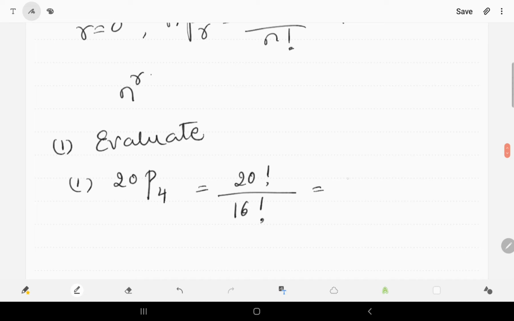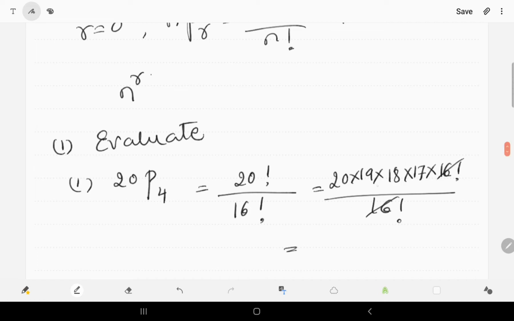So that is 20 into 19 into 18 into 17 into 16 factorial divided by 16 factorial, which is 20 into 19 into 18 into 17, the product.